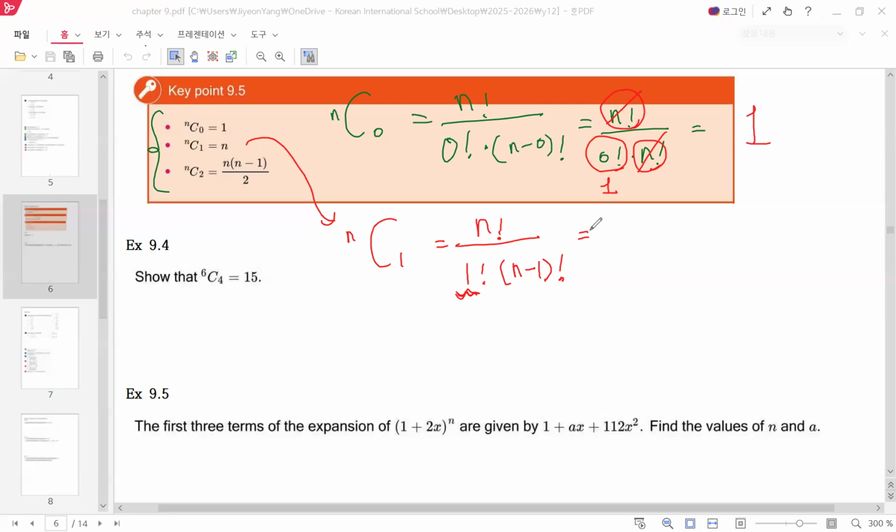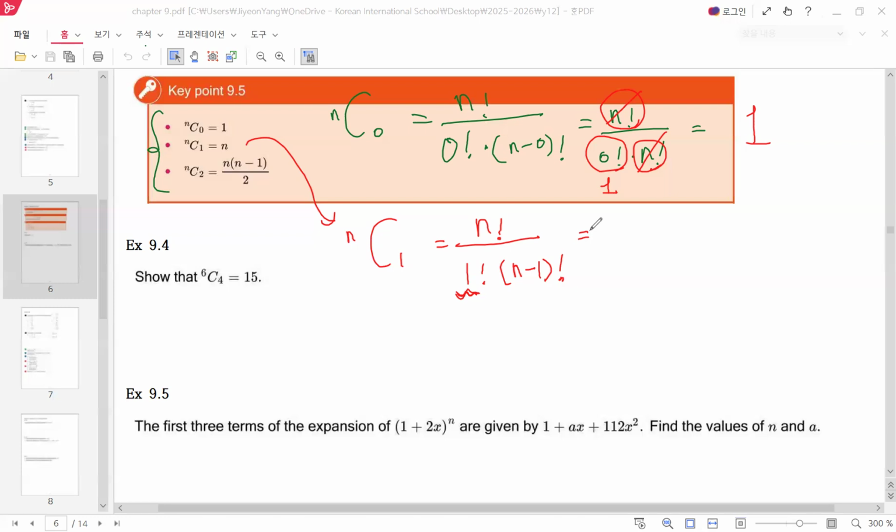Basically, it's like this. And then n factorial is n times n minus 1 times n minus 2 times dot dot dot times 1, divided by n minus 1 times n minus 2 times dot dot dot times 1.